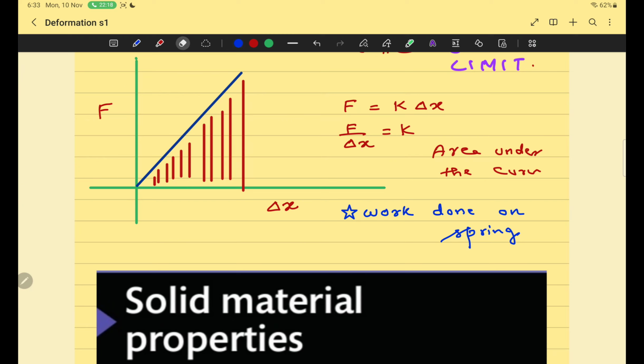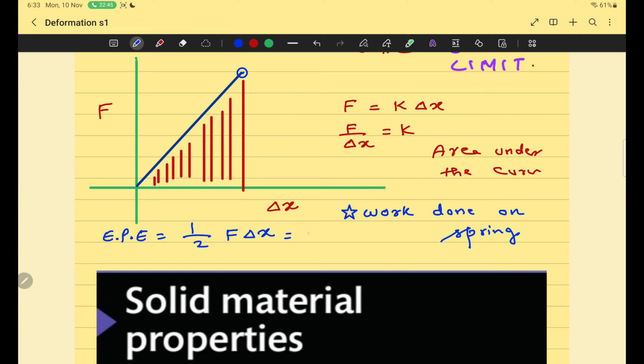spring. So usually work done is equals to half force into extension. So you can say it is work done on a spring, or it is called elastic potential energy. So up to the elastic limit, sorry, up to the limit of proportionality, work done and elastic potential energy having same meaning.